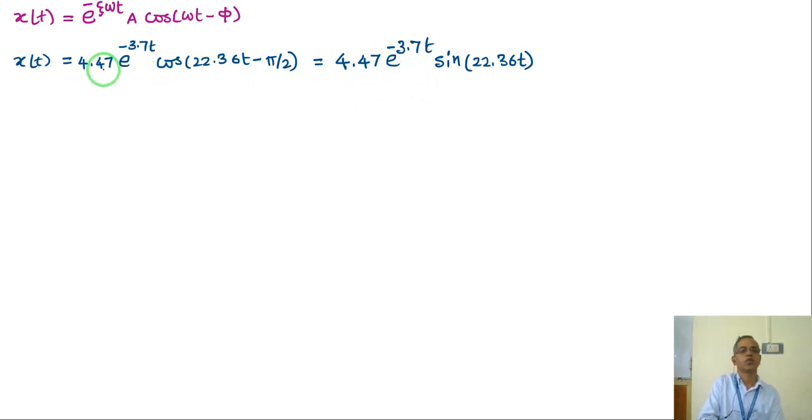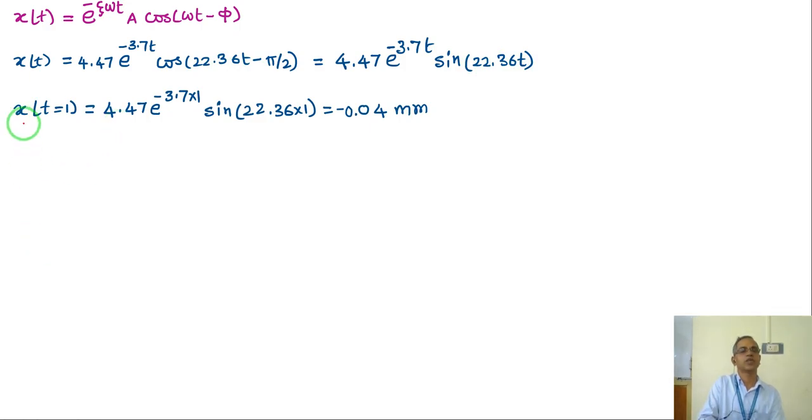So A is 4.47, xi omega, xi is 0.1677, omega is 22.36, so multiplying we get minus 3.75, and here cos of minus (pi by 2 minus 22.36 t), cos of minus is cos, so cos of pi by 2 minus theta means sin 22.36 t.